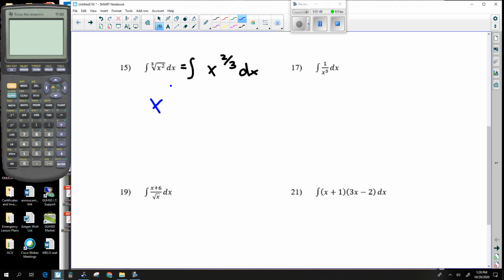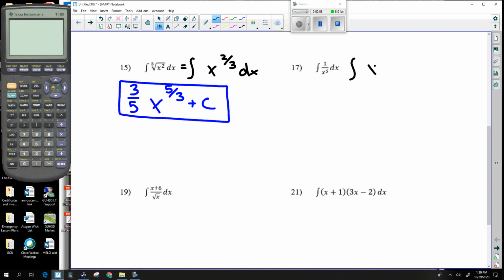So that is x to the 5/3, flip it down. And what I mean by flip it down, I mean multiply by the reciprocal. That's what I'm doing. This is a bottom 5, so this is a -5. So plus 1 is -4.